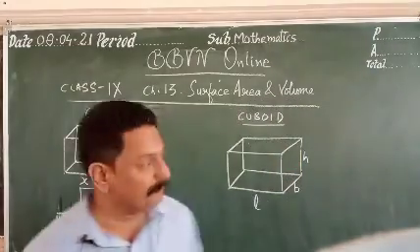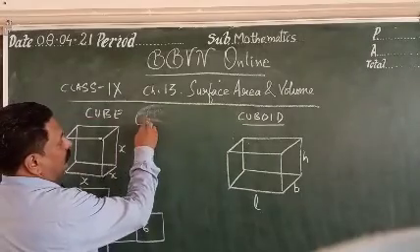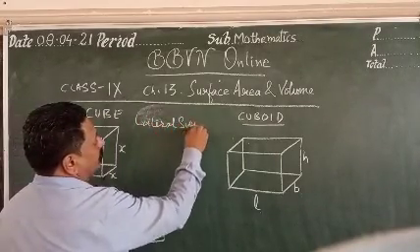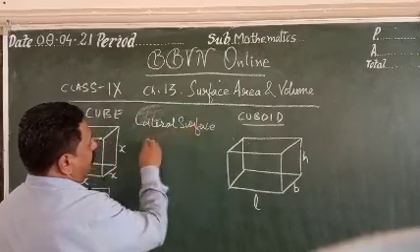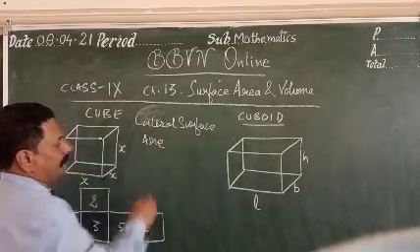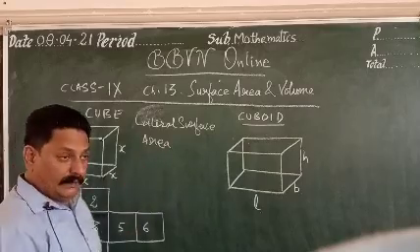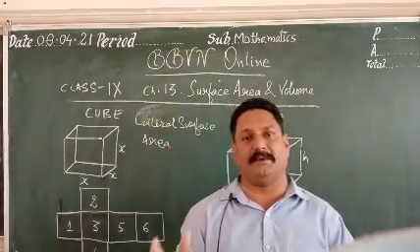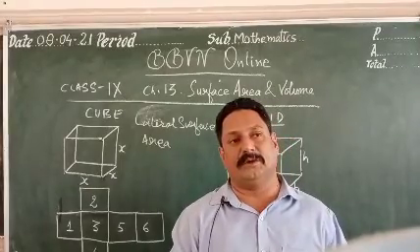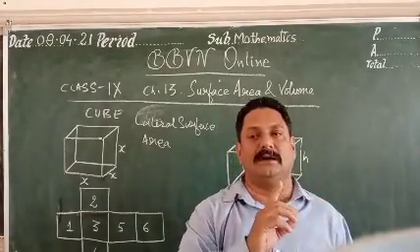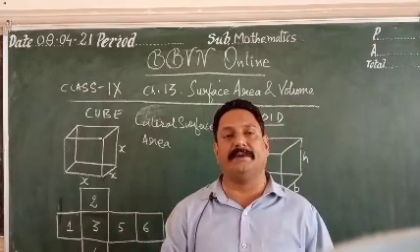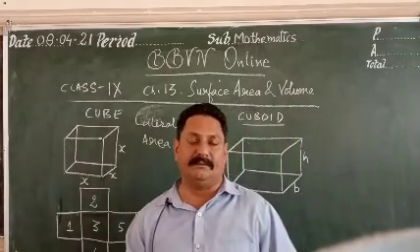One of them is lateral surface area. The room, say for example, the room in which you are staying is in the shape of a cube. So if you see the 4 walls, the areas of each face, each wall, it represents the lateral surface area, right?